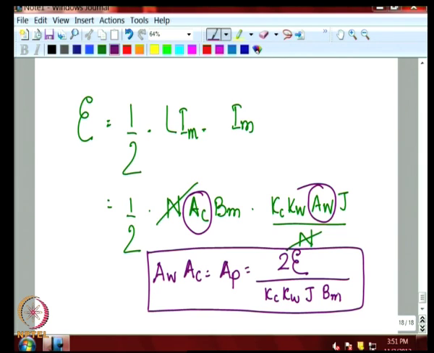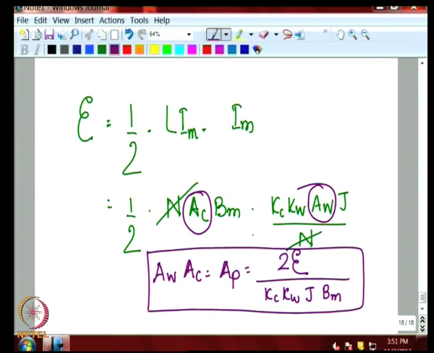Bm is from the core material, which, if it is a ferrite core, is 0.3 as saturation, and the operating flux density may be around 0.25, J 3 amp per meter square, Kw of around 0.6, Kc is 1 in this case, and you can calculate the area product.